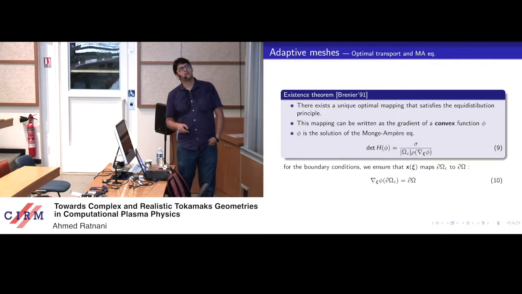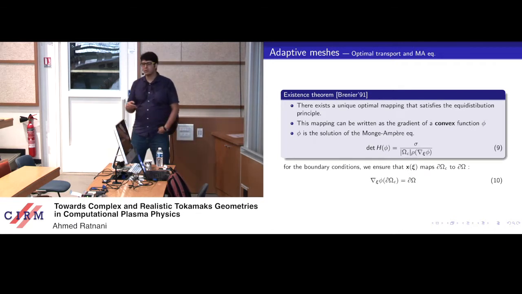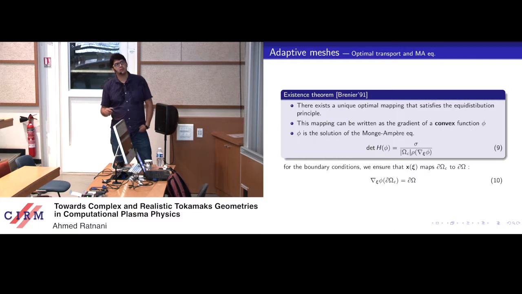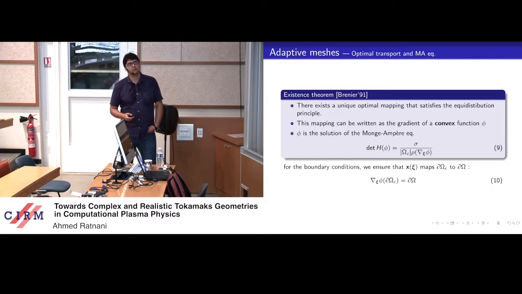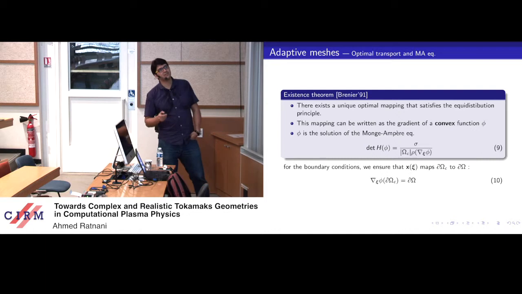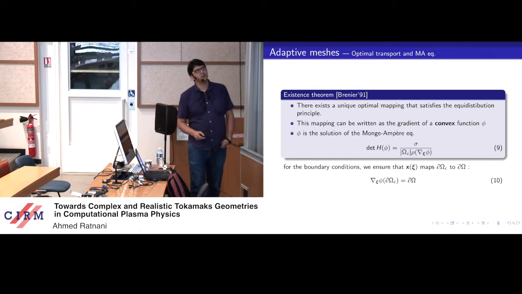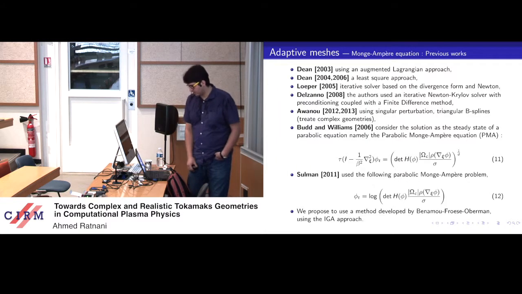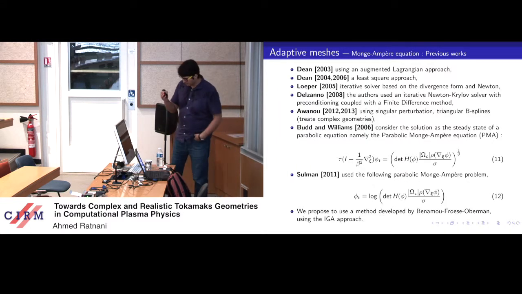So our phi is, in fact, the mapping will be written as a gradient of a function psi, of function phi, and this function must be convex here. Okay, so you add the boundary condition, and then you can solve this thing using the method that you want.